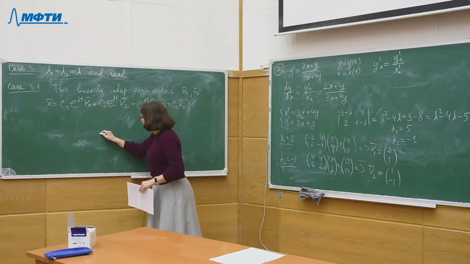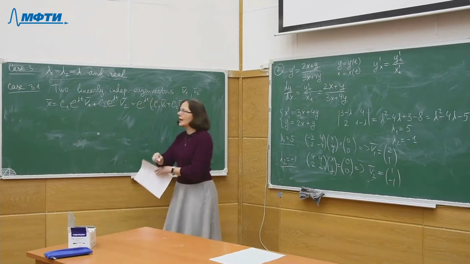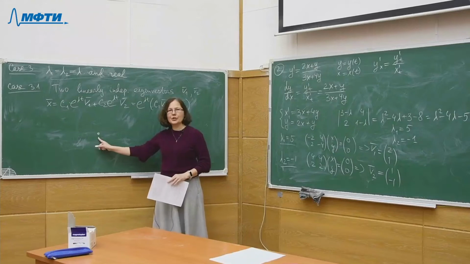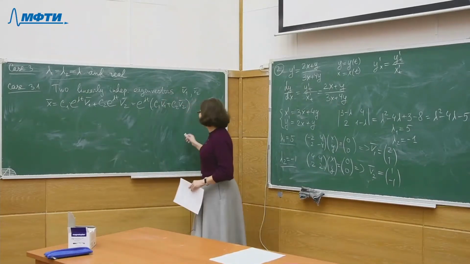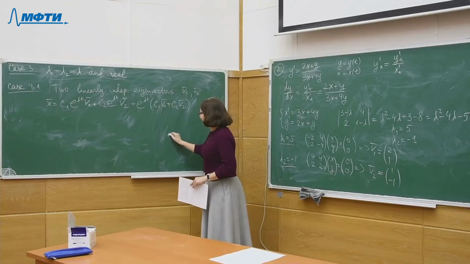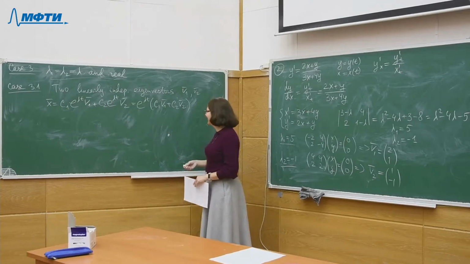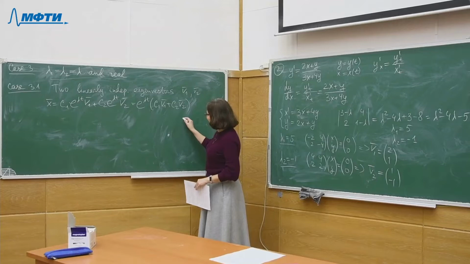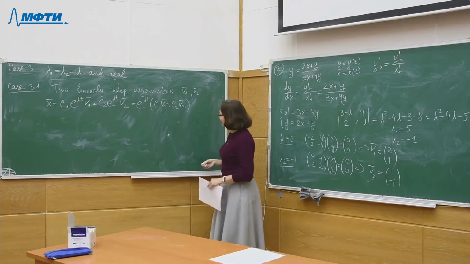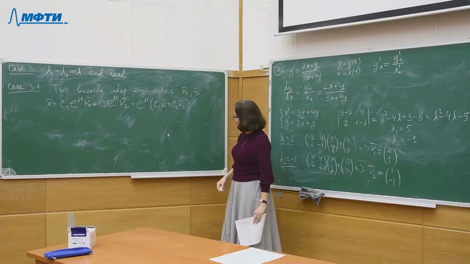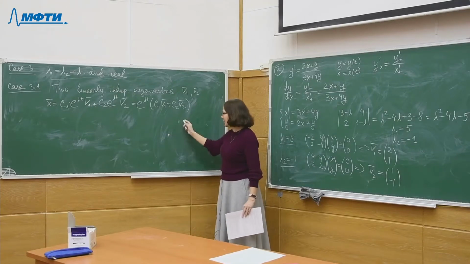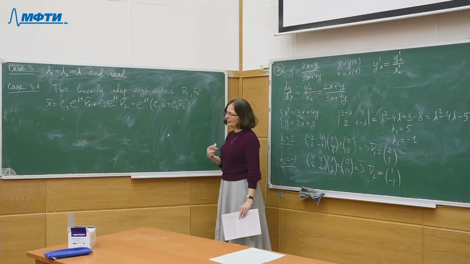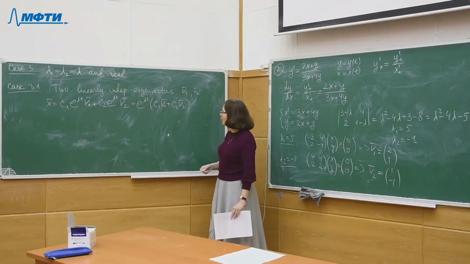So let's draw a figure. So we have an equilibrium point. This is the origin. So suppose we start from some point which does not coincide with the origin.